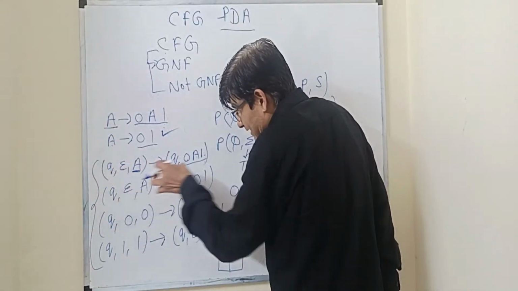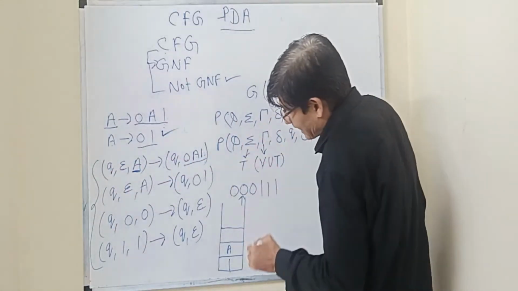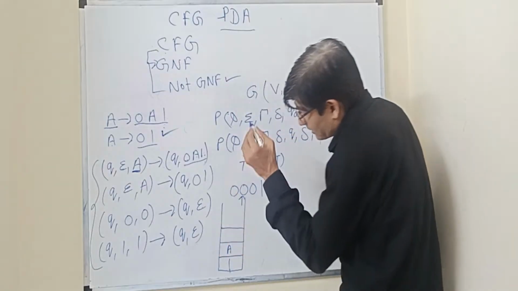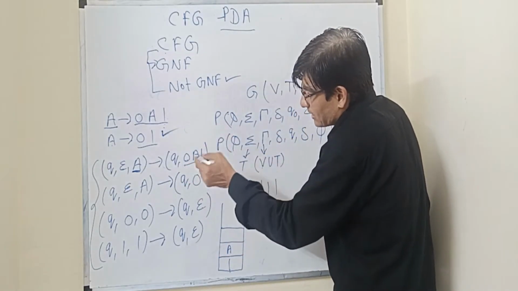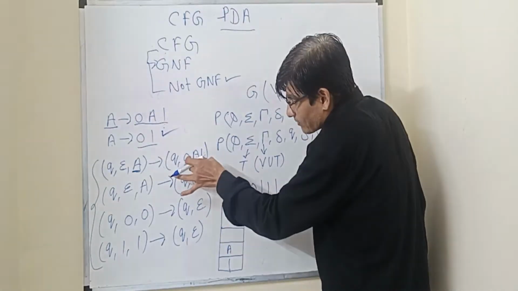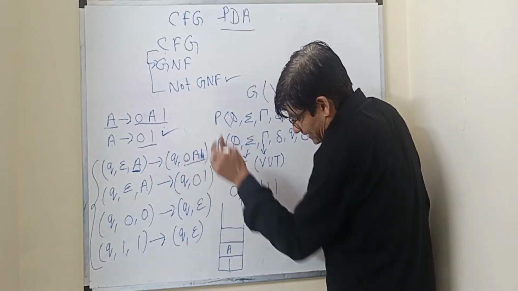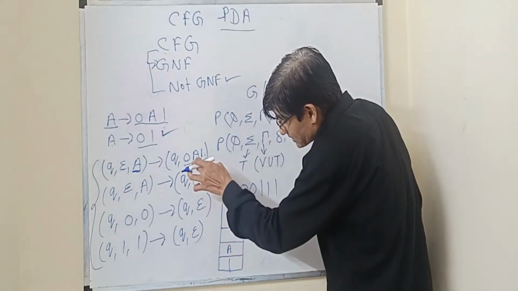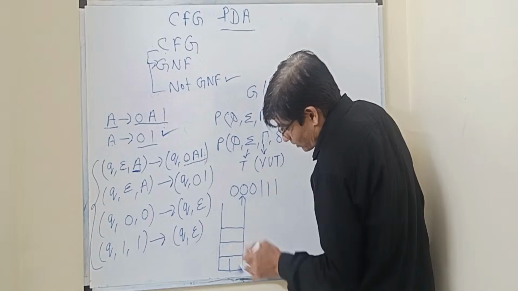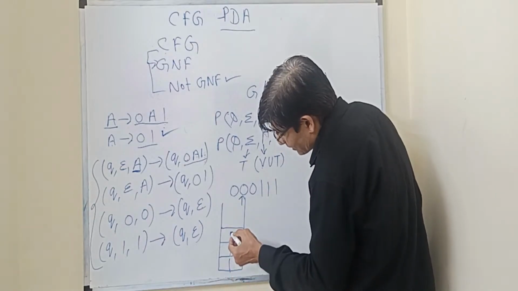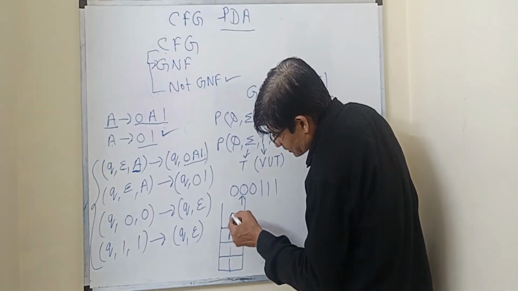So we will use this transition again and I will push the complete right hand side string here. Before inserting this string into the stack, we will remove the current stack top. So this would be like 0, A and 1.